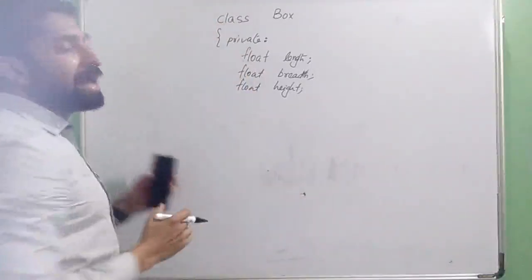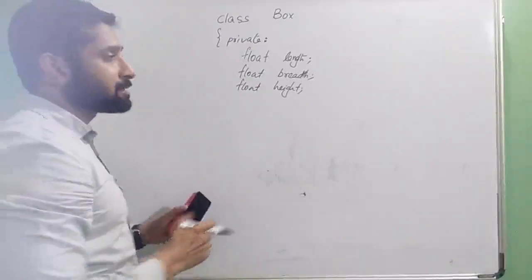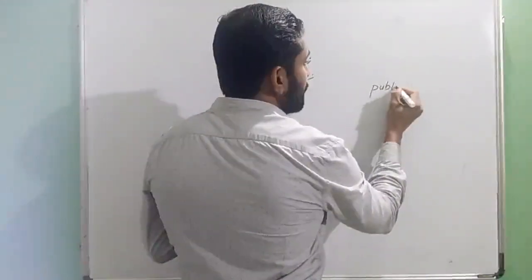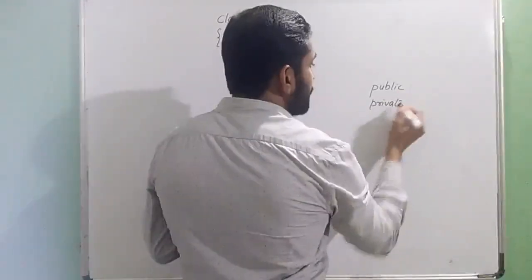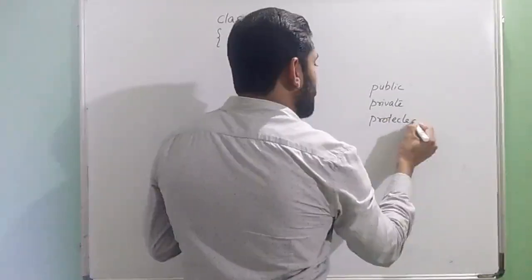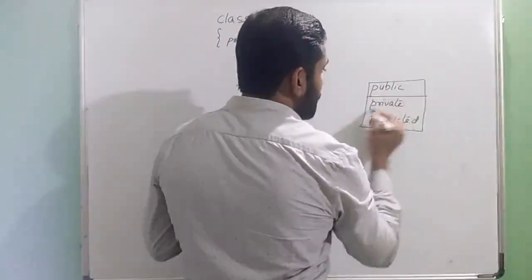There are three access levels used inside a class. They are public, private and protected. All these three are keywords.